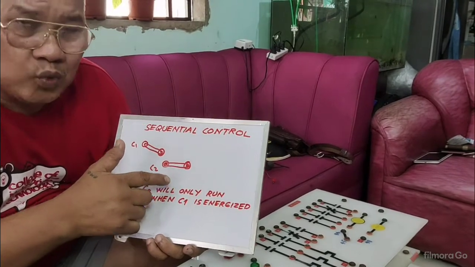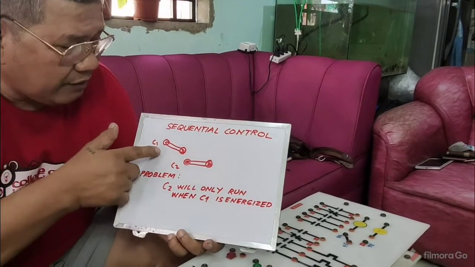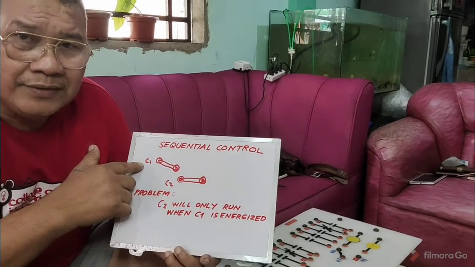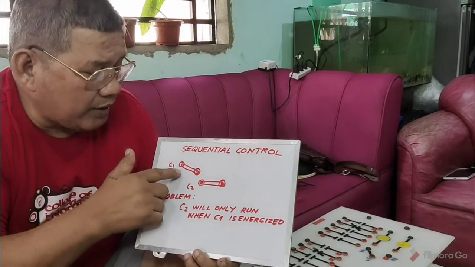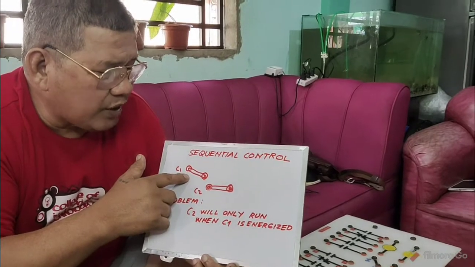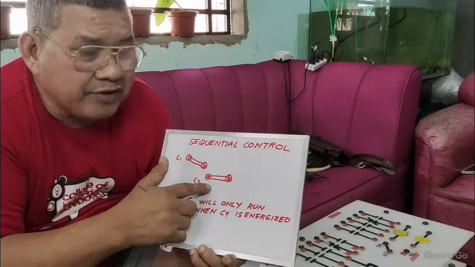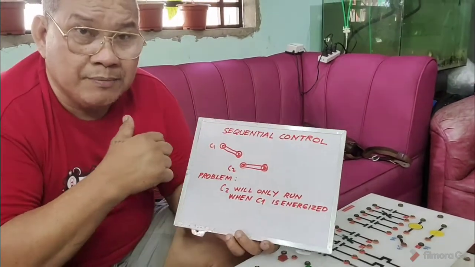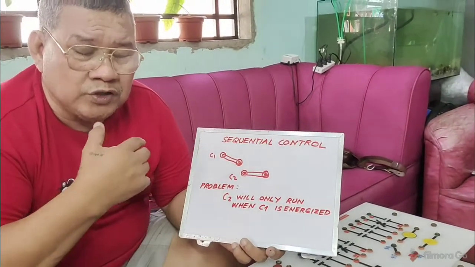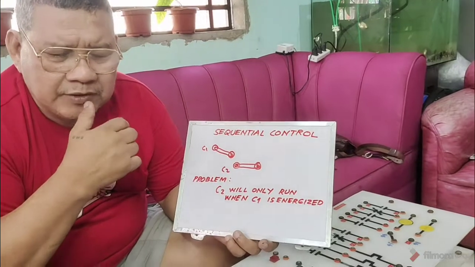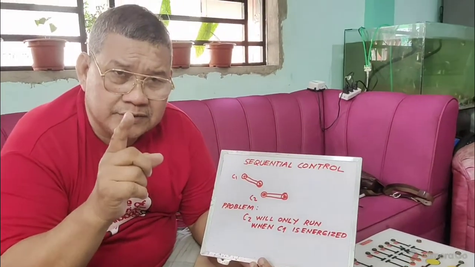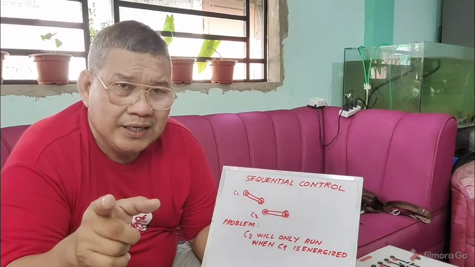So what you will do first is run this, press the button for conveyor number 1, and when conveyor number 1 is already running, that's the time that you will turn on the push button for conveyor number 2. So that is what we call sequential control.